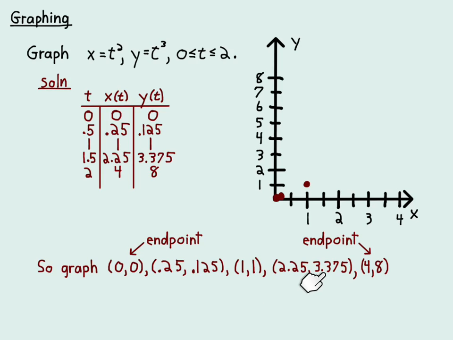And then 2.25, 3 3/8. 3 3/8 is a little less than half, somewhere in there. Okay, and then the next one is 4, 8.